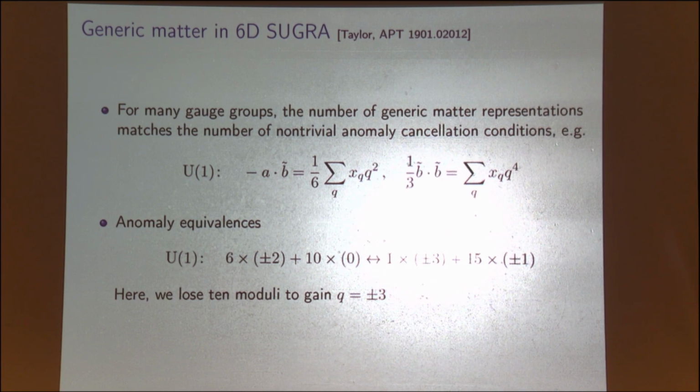And so here directly we can see why charge 3 is not generic, because in order to move in moduli space to increase the number of charge 3 multiplets by 1, I had to consume 10 chargeless scalar fields, which are our moduli. So we lose 10 moduli to move to a branch that has an additional charge 3. That's what I mean when I say that charge 1 and charge 2 are generic, and no other representations.